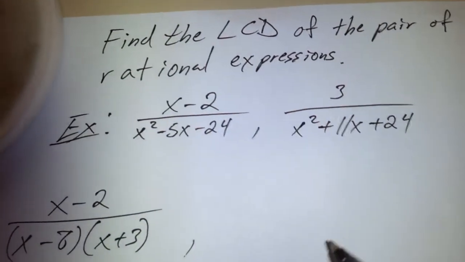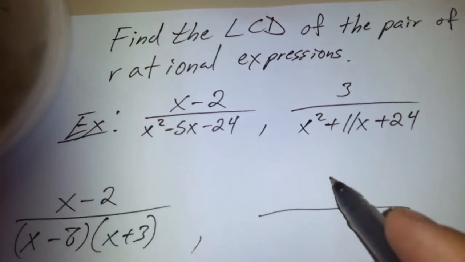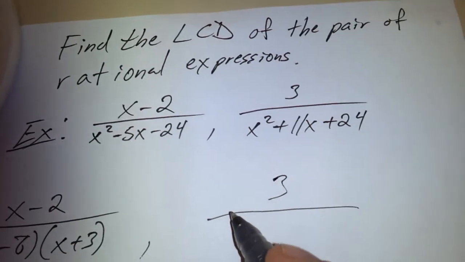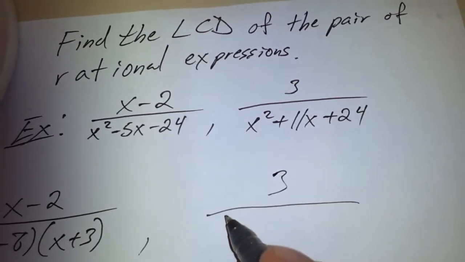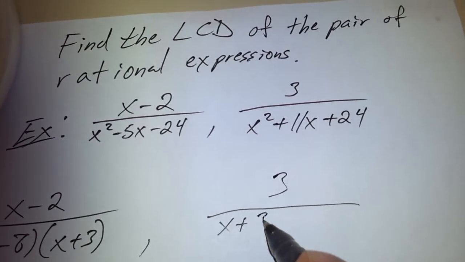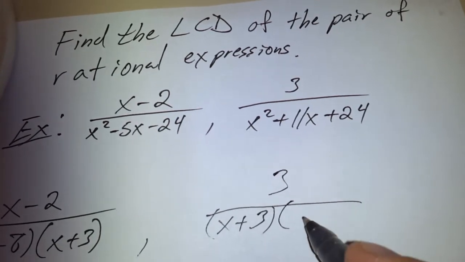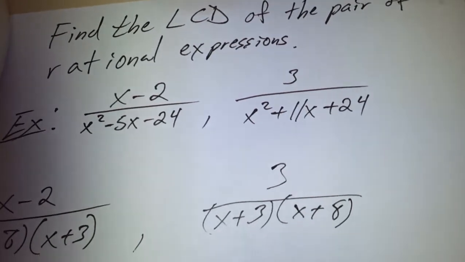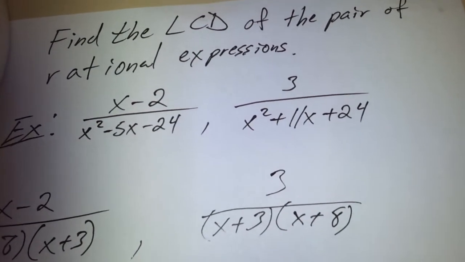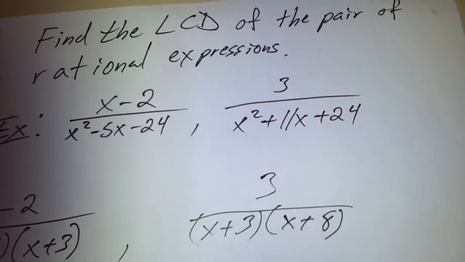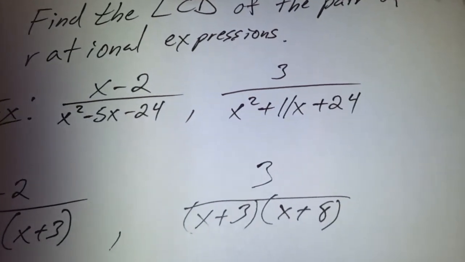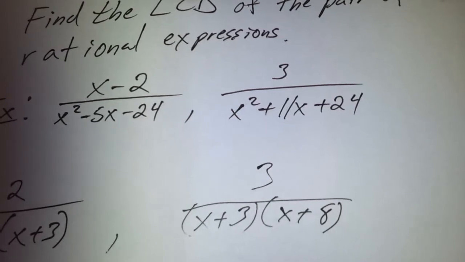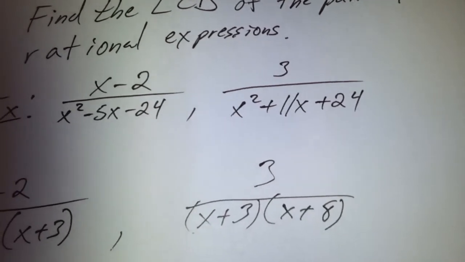Now, we must factor our other rational expression. The way that one factors is into x plus 3 all times x plus 8. Now let's double check and make sure this one works. Whenever factoring trinomials, always use an outer-inner check to make sure that you factored that trinomial correctly.